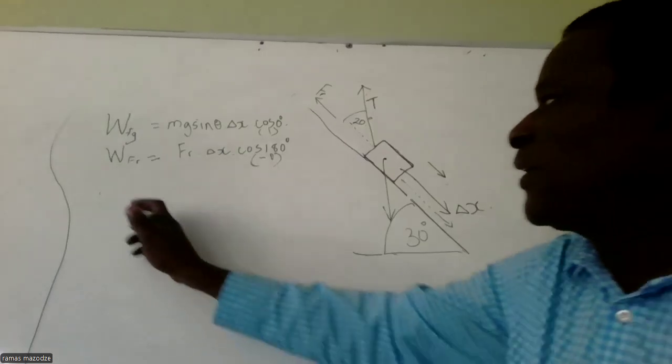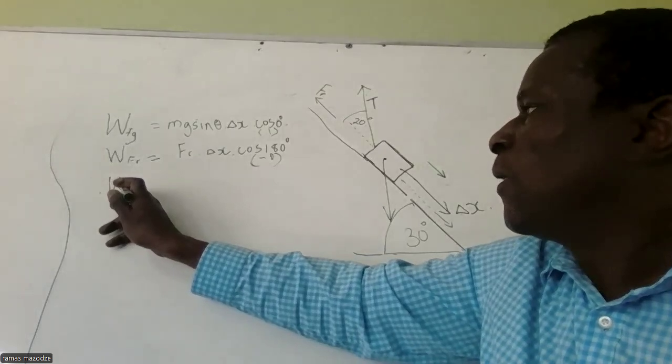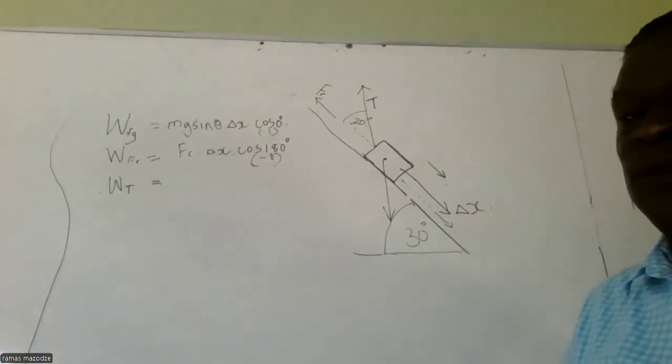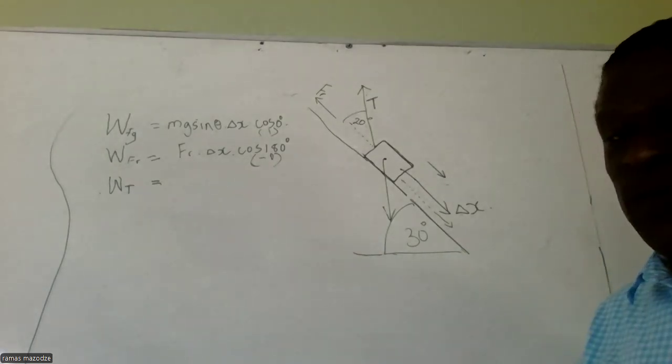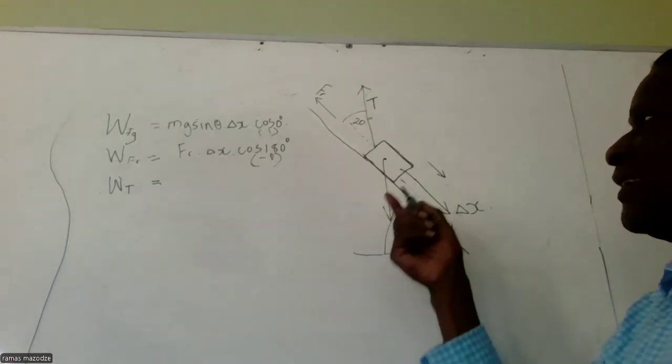Now the work done by the tension, by that force. What should we do? Yes, we use the component of the tension, which is also parallel to the incline but at 180 degrees.